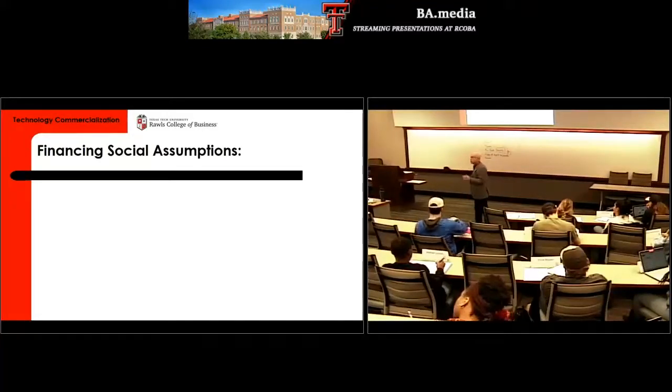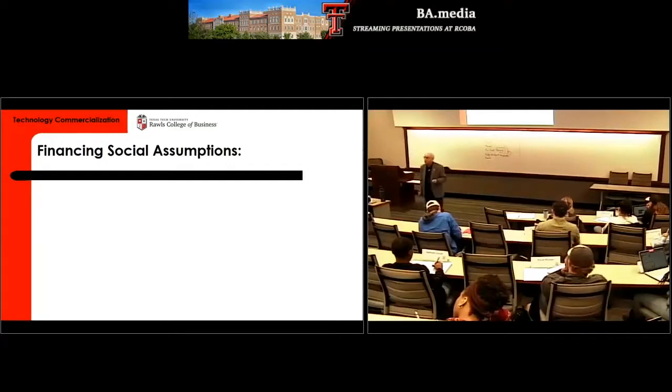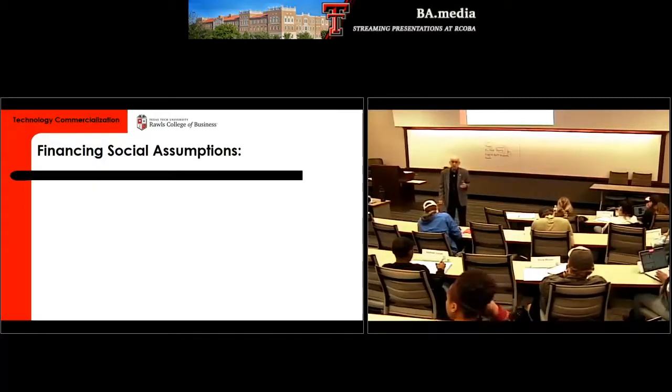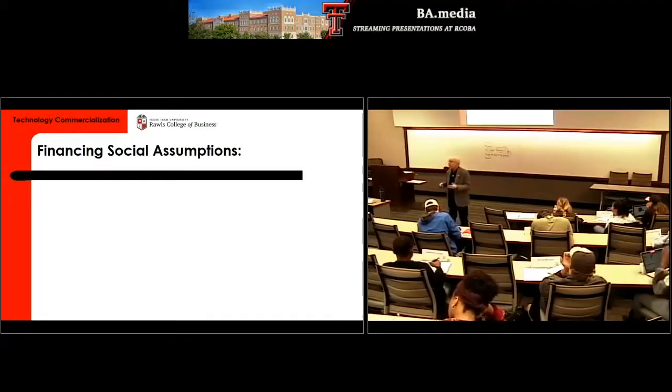Why do we need the social assumptions? Because this is the underlying logic why everything works when it comes to monetizing, or translated, commercializing. These are the laws. And they don't get taught, they certainly weren't taught to me in business school.